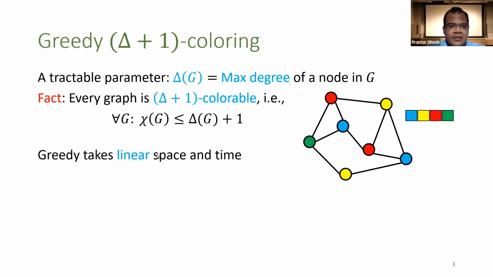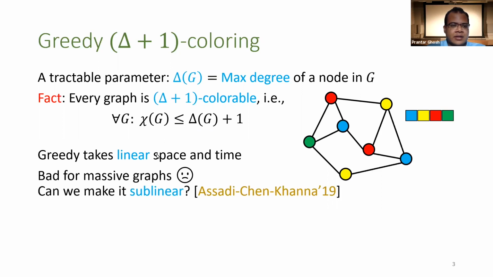Now this greedy algorithm takes space and time linear in the number of edges. However, this is infeasible for the big graphs that we see in the real world with billions of edges. And so a natural question is whether we can get a delta plus 1 coloring algorithm with sublinear space and time. This question was explored by Assadi, Chen and Khanna, and in fact their work won the best paper award at SODA last year.